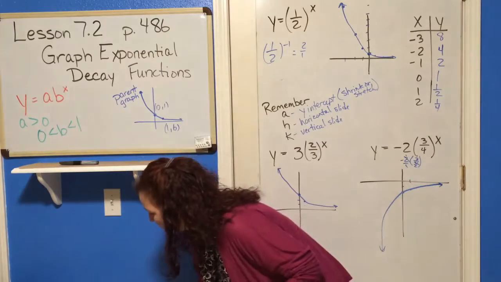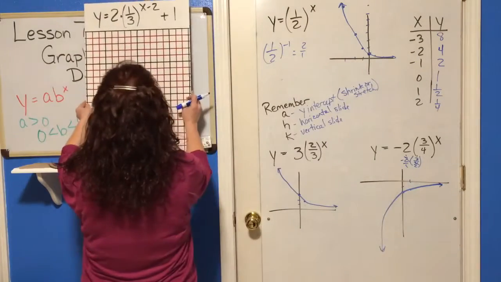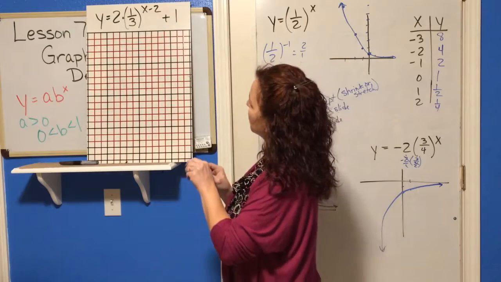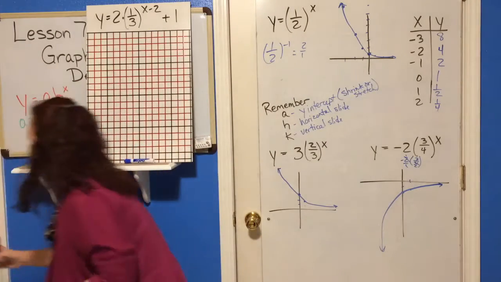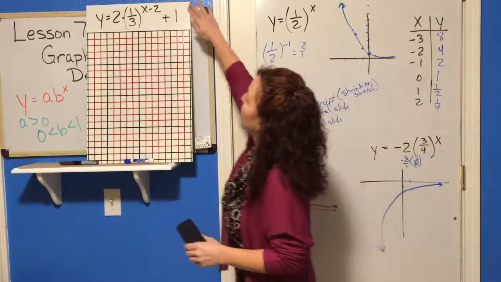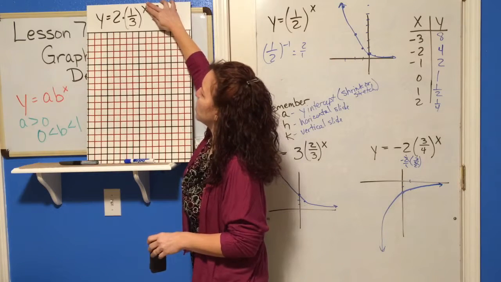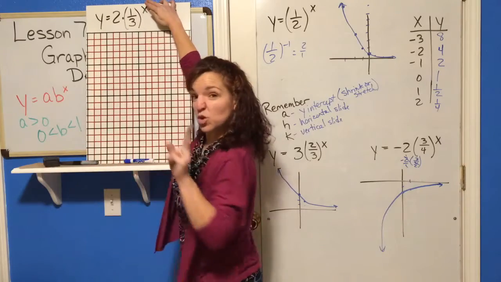All right. Let's do one with a slide because this is too easy. Here we go. y equals 2 times 1/3 to the x minus 2 power plus 1. And if you'll remember, the steps are, first, just graph it without the h and the k. So we're going to just graph 2 times 1/3 to the x power. We just need those 2 points.